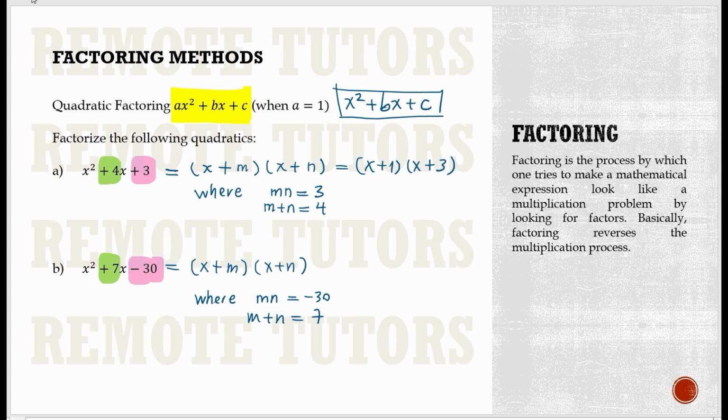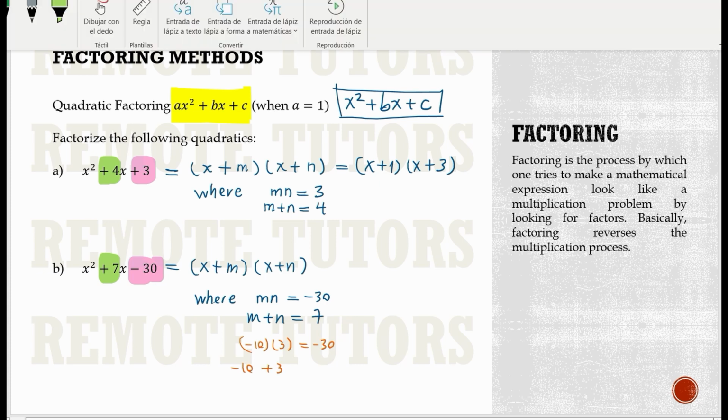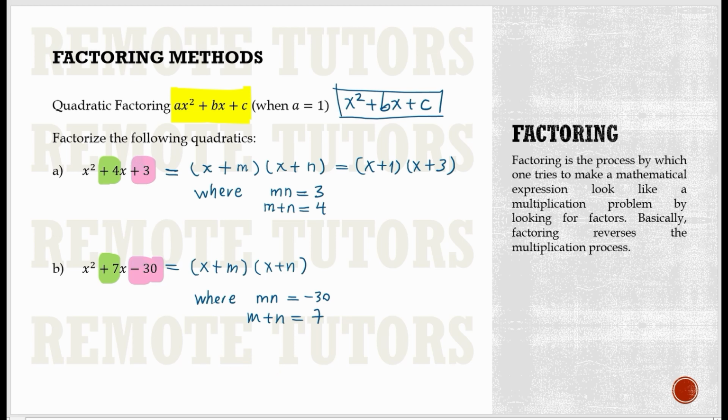Okay, so I know that minus 10 times 3 gives negative 30, and also minus 10 plus 3, okay, could be, let's see, 10 times negative 3 gives negative 30, and 10 plus negative 3 gives 7. So the factored form is given by (x plus 10) times (x minus 3).